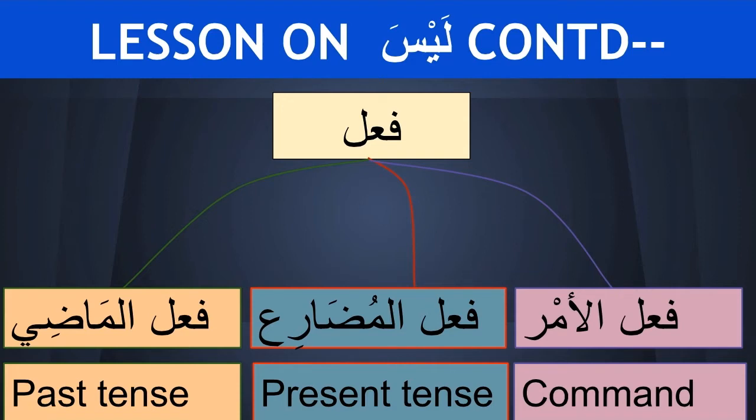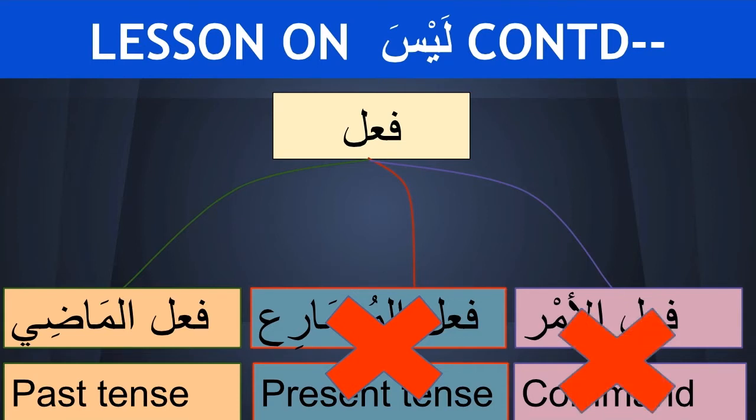However, Laysa, as we say, means he is not, and the verb itself is not a normal verb. So in Laysa, we don't have a present tense form of Laysa, and there is no command or amr form of Laysa. So what we have is only past tense.